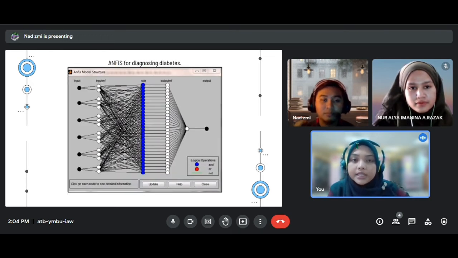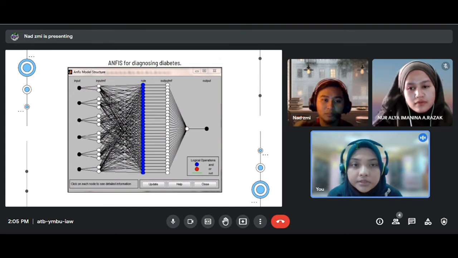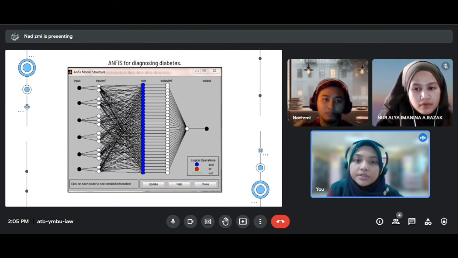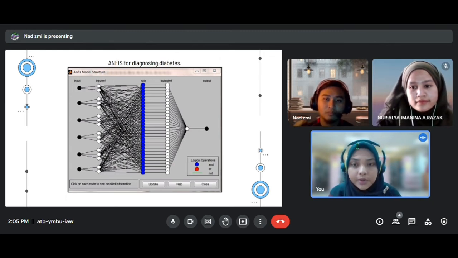The structure is derived from six inputs with two linguistic terms in some inputs and three linguistic terms in others. And the rules generated by ANFIS have a target output of 1.